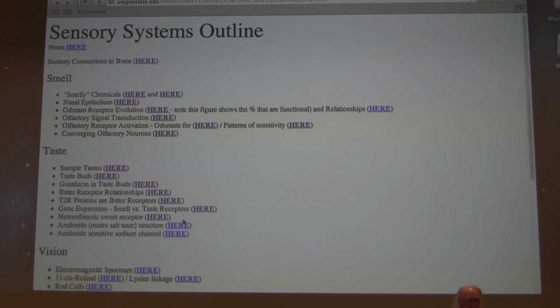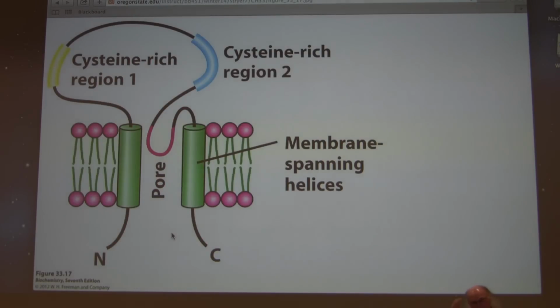Now, I said that salt was a little bit different. Our ability to taste something salty arises not from a G protein, but from this receptor that you see right here in the taste bud. This taste bud has a protein in its membrane with an opening that will allow sodium to pass through it. When sodium is present, it causes this protein to change shape slightly, which opens it up, and sodium can flow in.